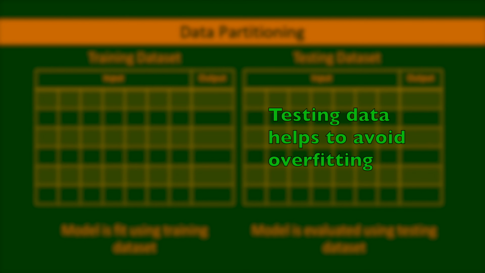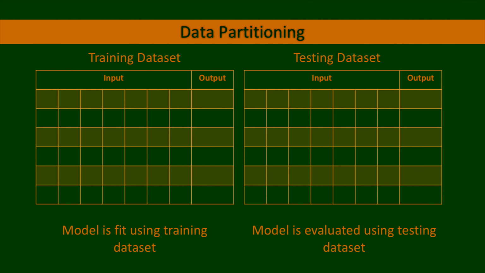So the testing data set is used for checking whether this model is still working properly or not. Using the test data set, if we are able to evaluate the model and see that more or less the performance of the model is consistent with what we have seen based on the training data, that will give us more confidence that the model will work with a new data set also.